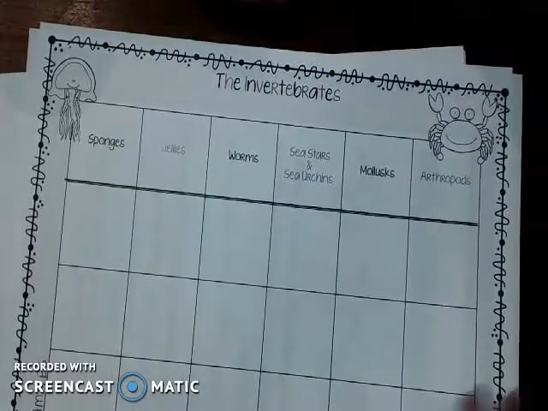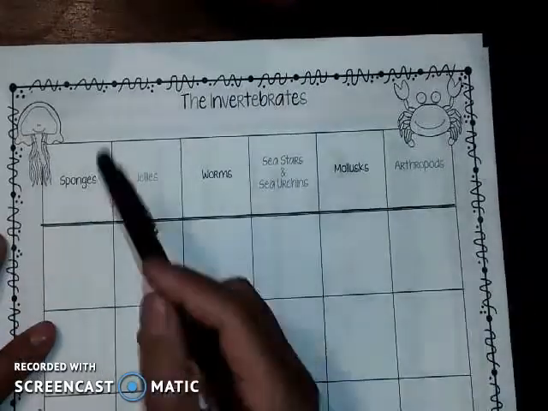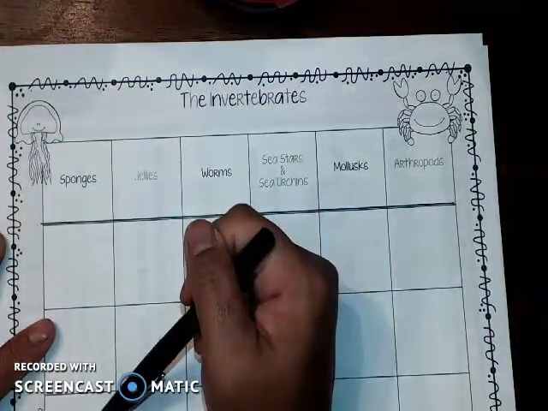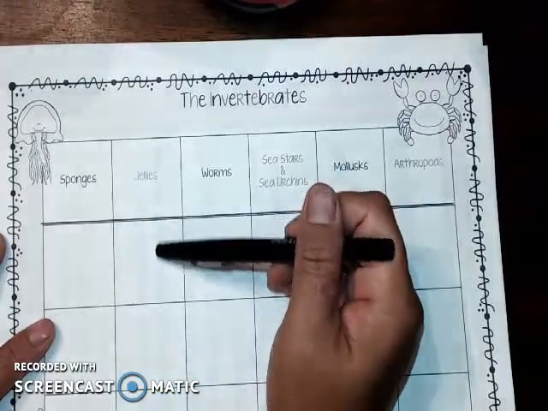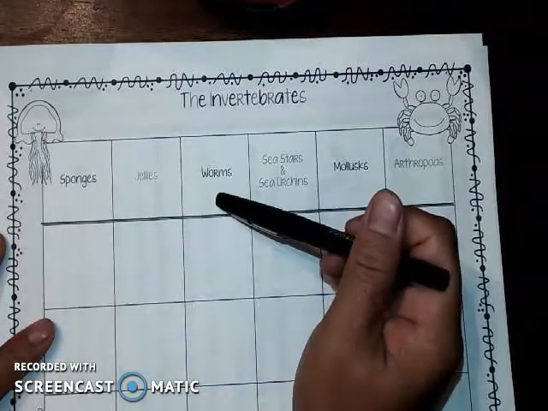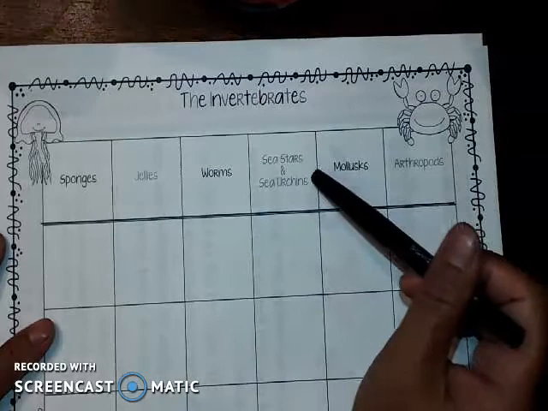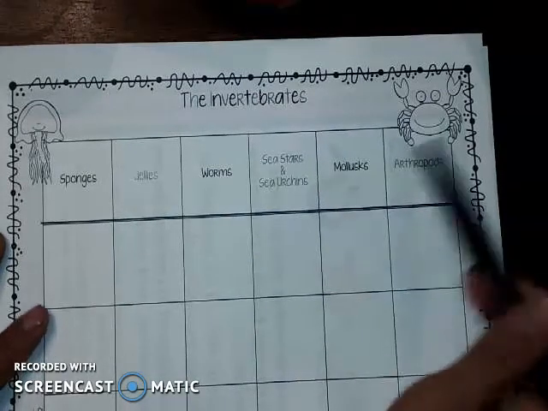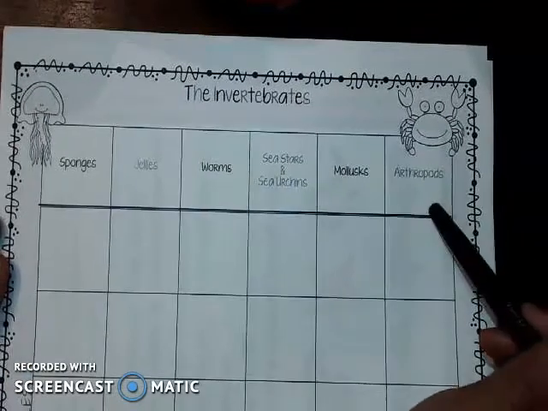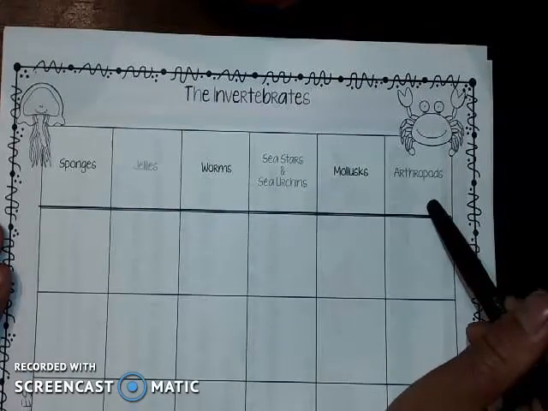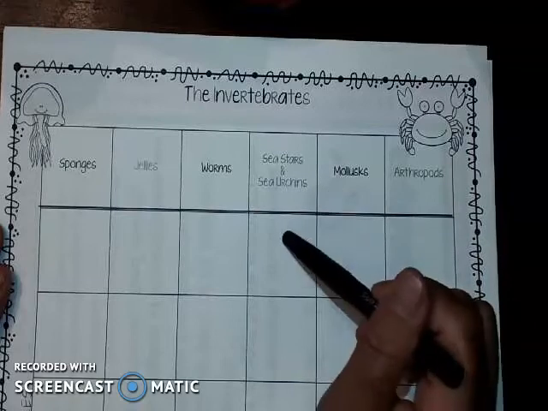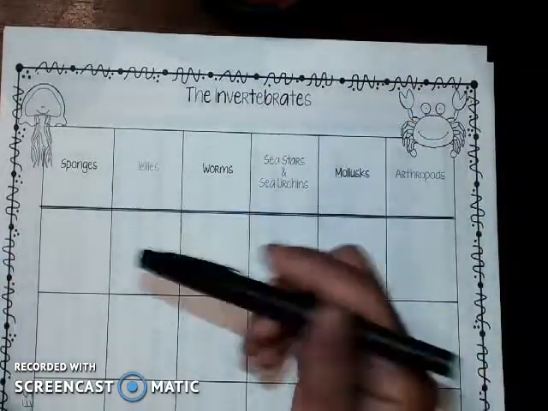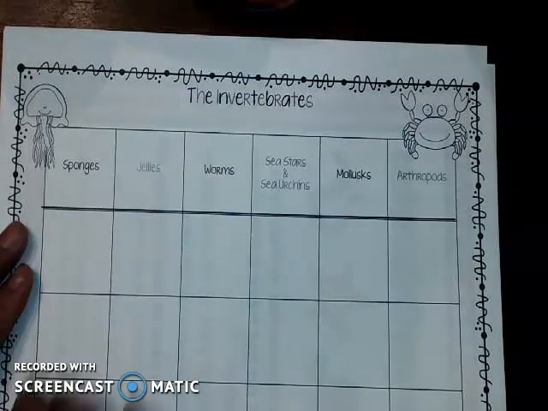So there is the group known as the sponges, the jellies, the worms, sea stars and sea urchins, mollusks, and one of my favorite, arthropods. So these are the 6 different groups of the invertebrates. And again, they all have similar characteristics that make them what they are.